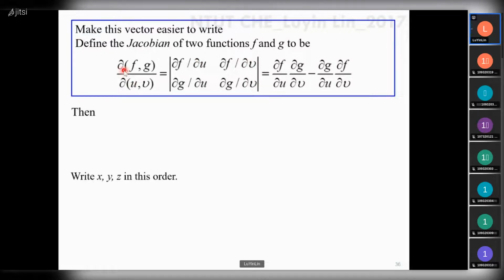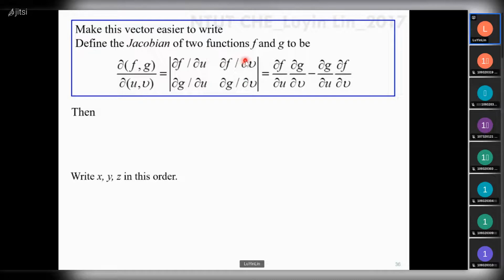So ∂(f,g)/∂(u,v) means you put partial f partial u and partial f partial v in the first row, and in the second row you put partial g partial u and partial g partial v. You calculate it by multiplying these two, minus the multiplication of these two.